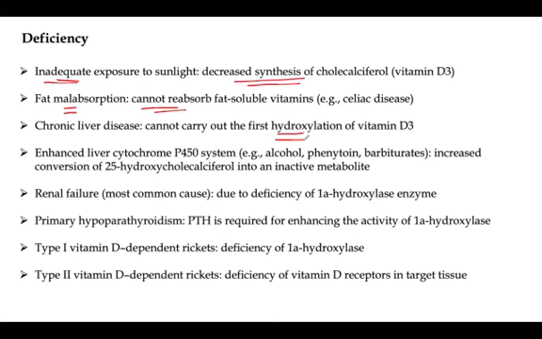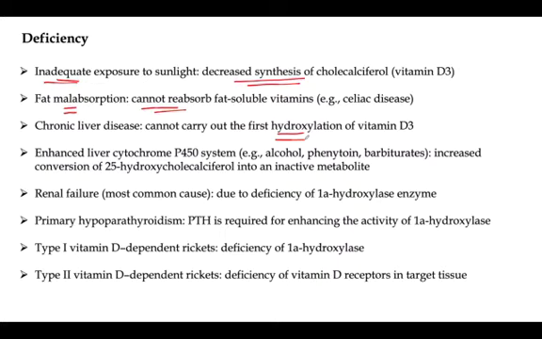The most common cause of vitamin D deficiency, however, is renal failure, because as you have seen, the active form of vitamin D that is required for physiological activity is synthesized in the proximal tubules of the kidney.